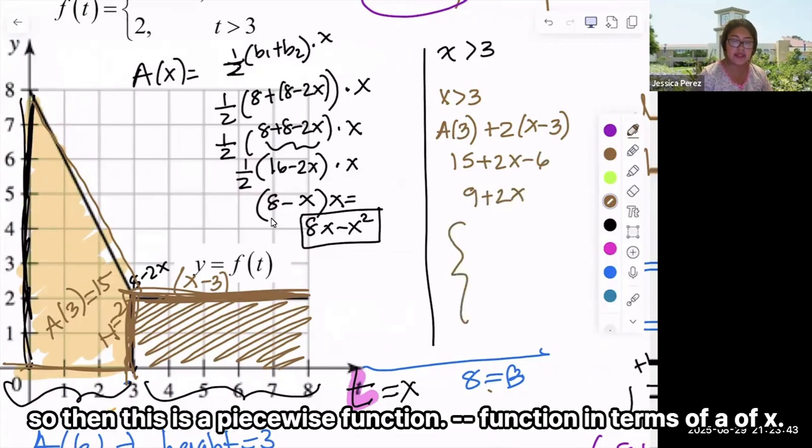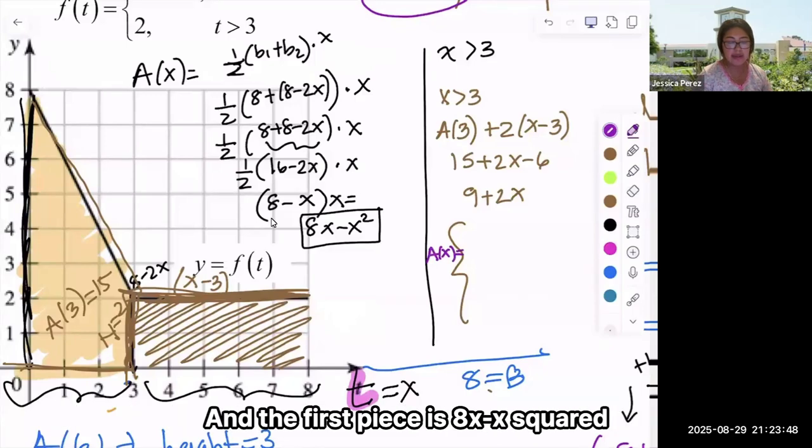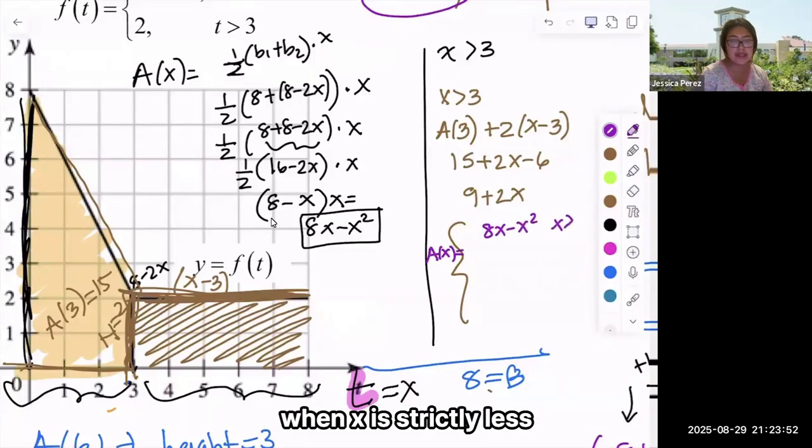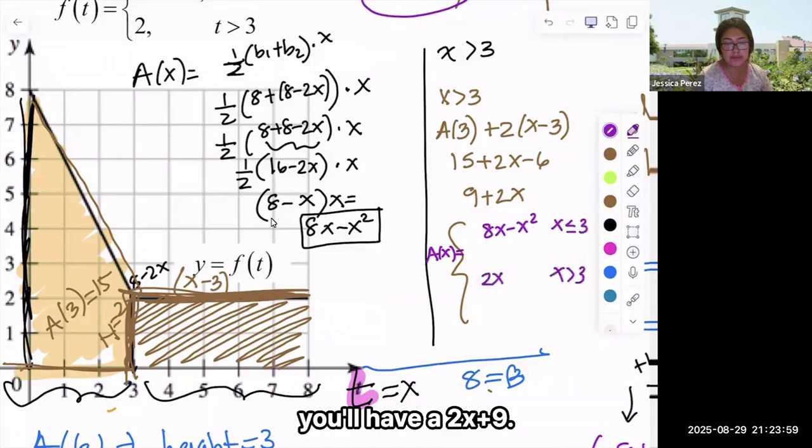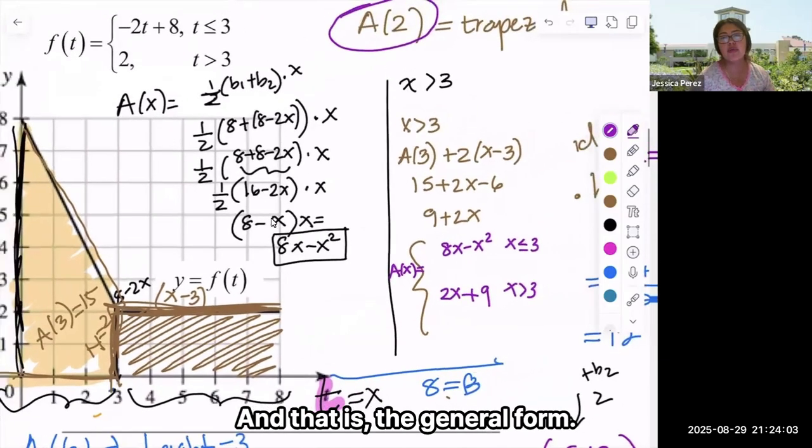So then this is a piecewise function in terms of A of x. And the first piece is 8x minus x squared when x is less than or equal to 3. And when x is greater than 3, you'll have 2x plus 9. And that is the general form.